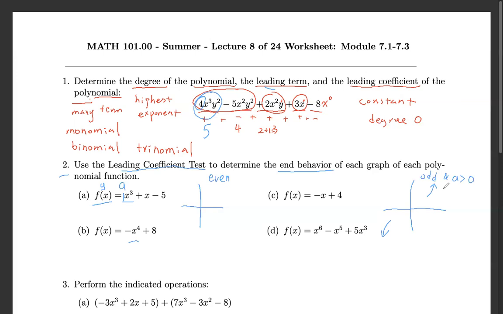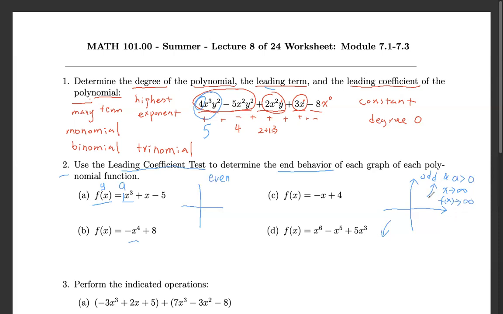This is when the x value goes to positive infinity, because that's in this direction, right? See here, it goes to positive x and positive y. So the function value also goes to positive infinity.